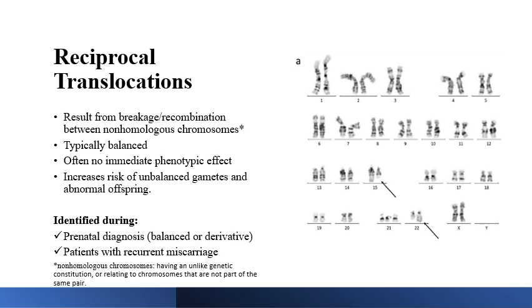So as I mentioned, I will be discussing the different types of translocations, and we'll start with reciprocal. And this involves breakage and rejoining between non-homologous chromosomes. They're often balanced, but can be inherited in an unbalanced form in offspring and can cause recurrent miscarriage and also infertility.